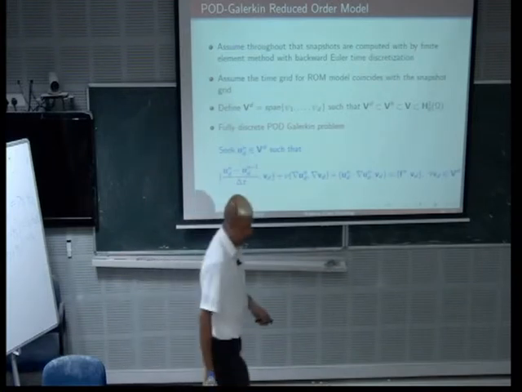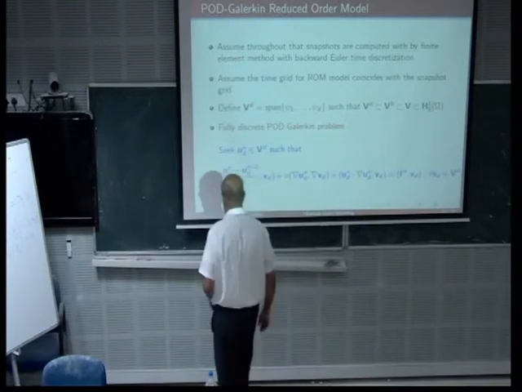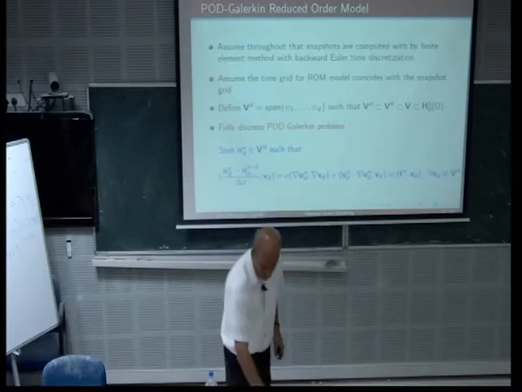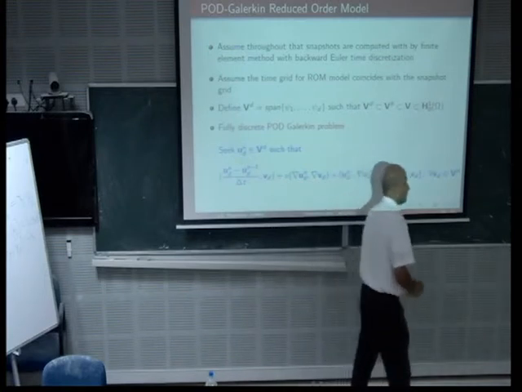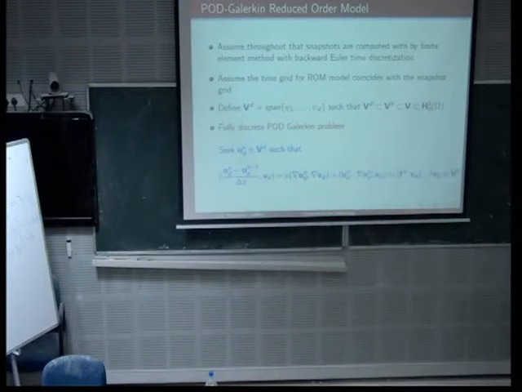So I'm going to describe the reduced order model for the Navier-Stokes equation and see how we can approximate this or analyze the error.